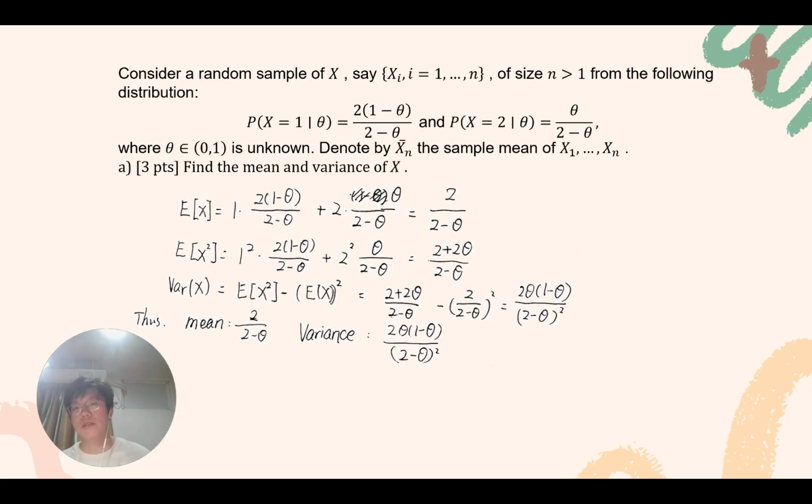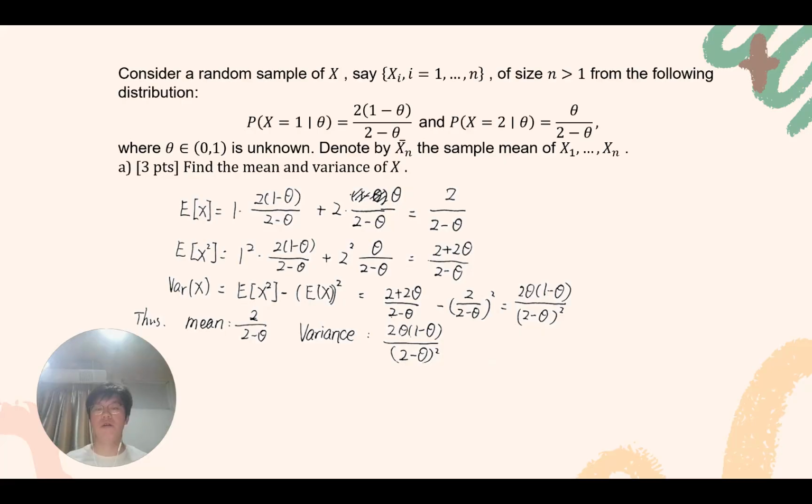And question 3, question A is to find the mean and variance of x. So we use the formula. First, we solve the mean: E of x equals 1 times P of x equals 1, plus 2 times P of x equals 2, which gives 2 over 2 minus theta.